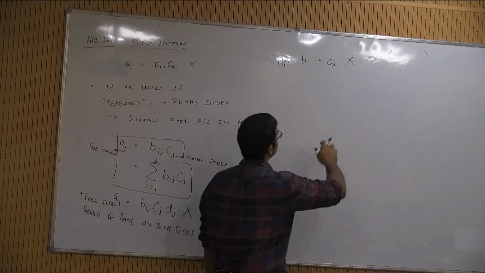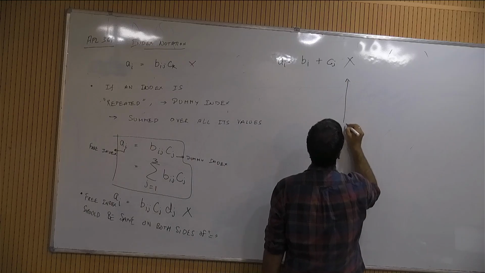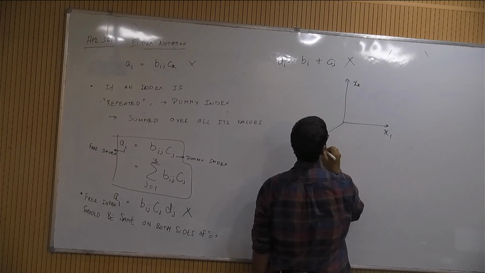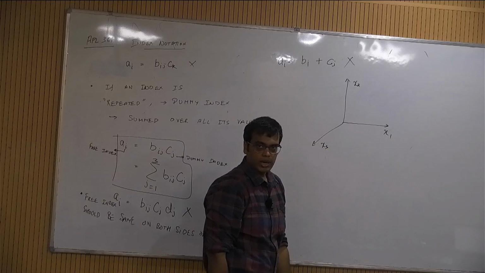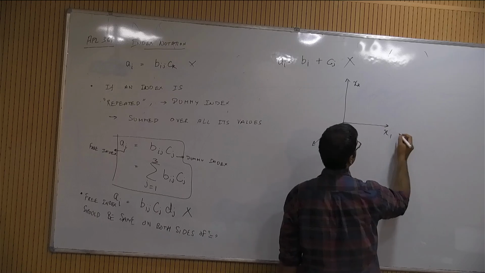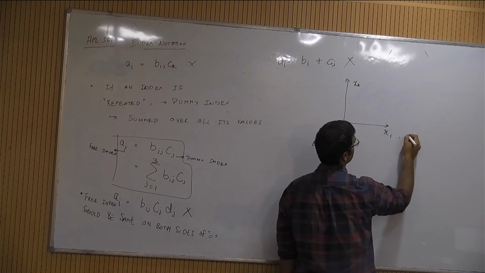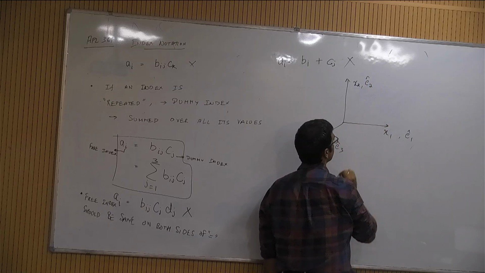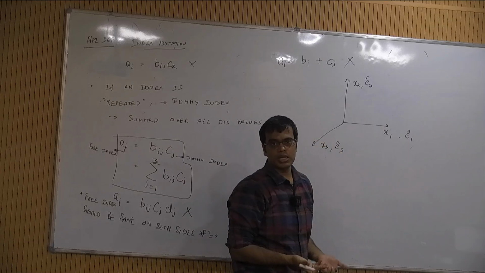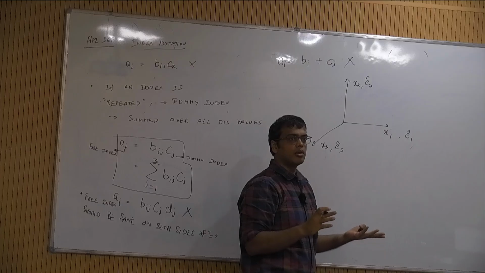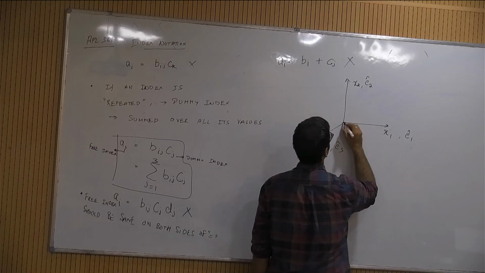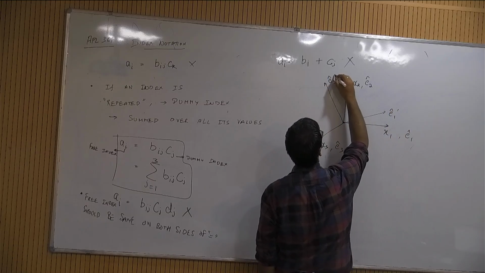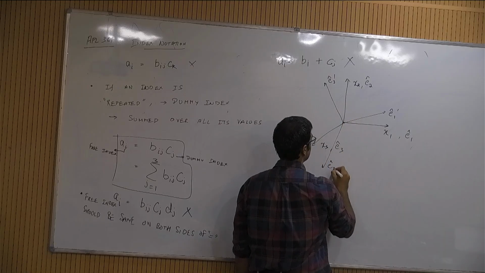So, let us say you have a Cartesian system x 1, x 2 and x 3, and let us say the unit vectors along x 1, x 2, x 3 are e hat 1, e hat 2 and e hat 3. Let us say I do a transformation of this, I keep it orthogonal, but I transform it in some sense so that now we have some e hat 1 prime, e hat 2 prime and e hat 3 prime.